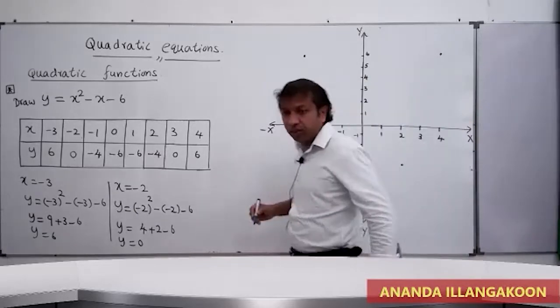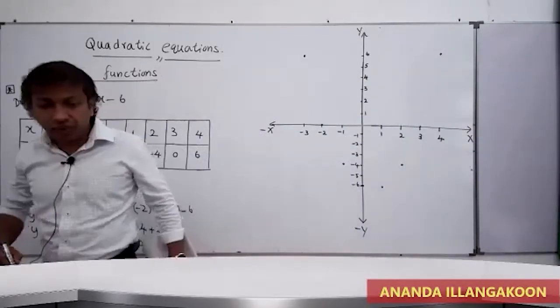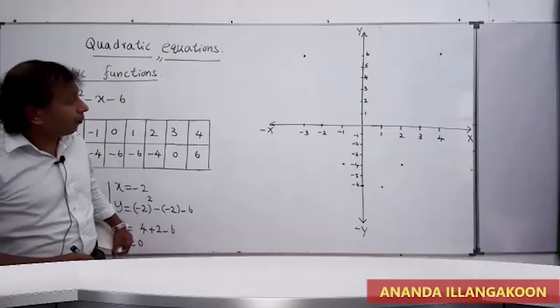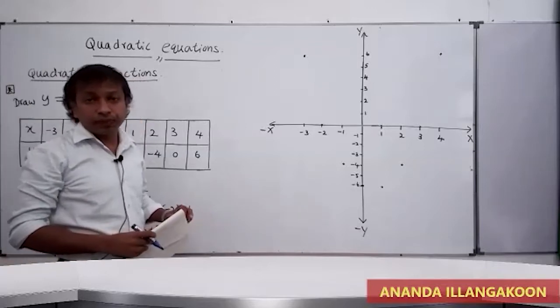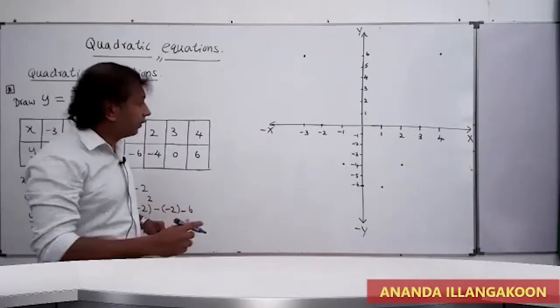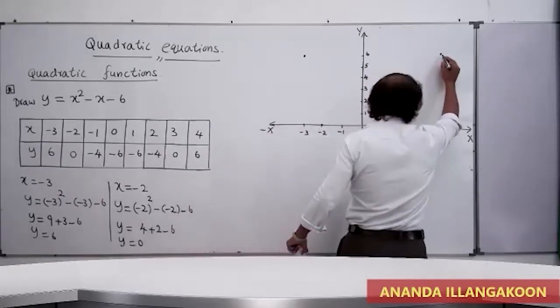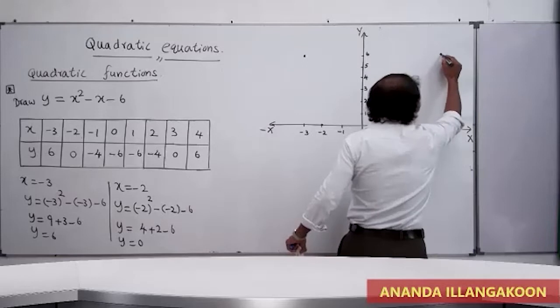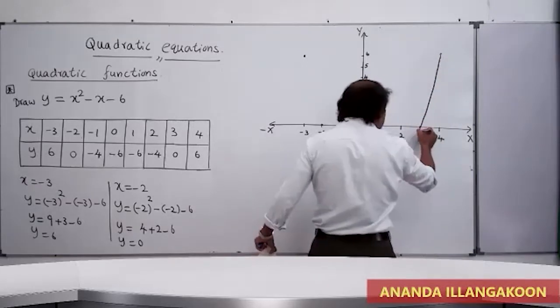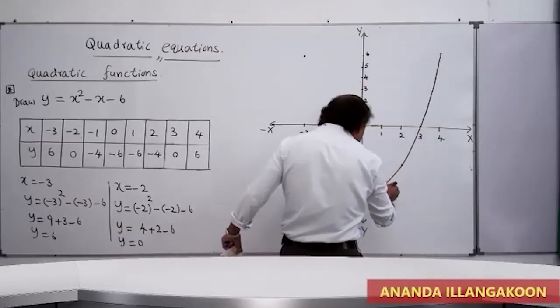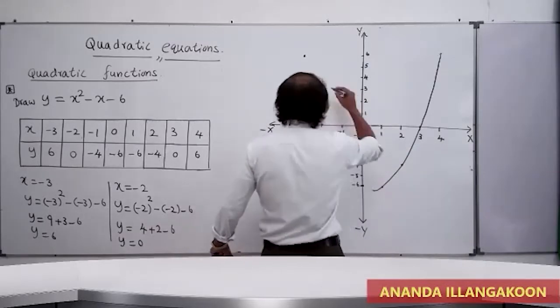Okay, now we plotted all the points. Now we have to smoothly join them. When we smoothly join these, this kind of graph comes. We can join it like this.